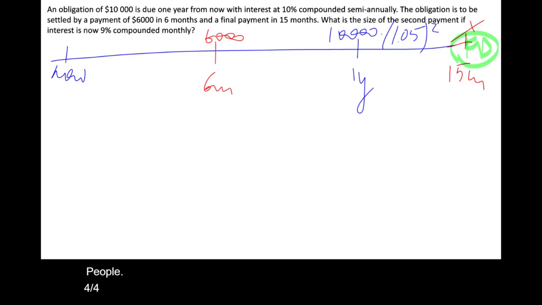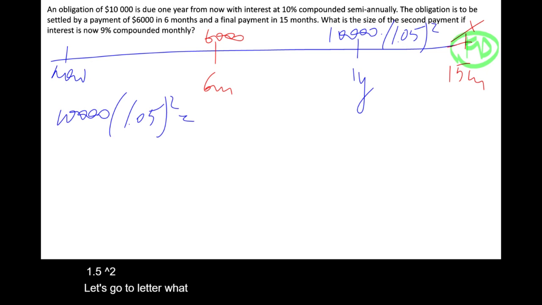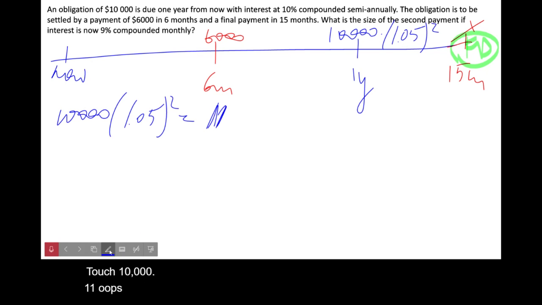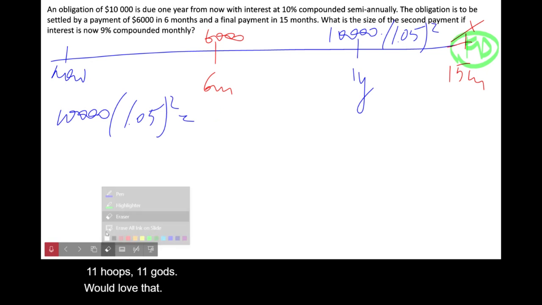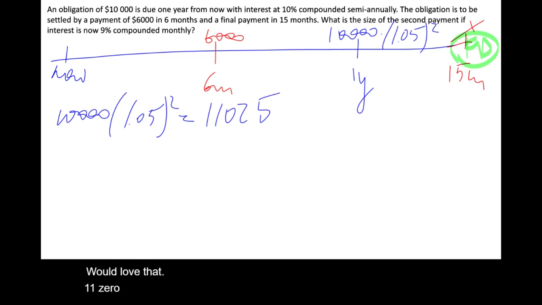So 10,000 times 1.05 squared. Let's calculate what that is. 11,025. Now we need to bring it to the focal date, right?